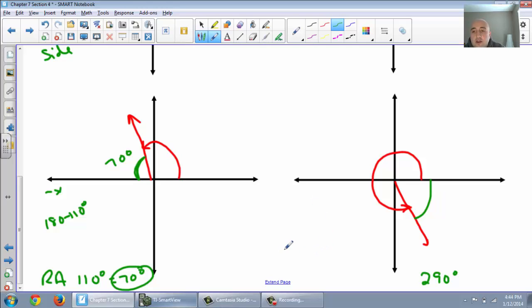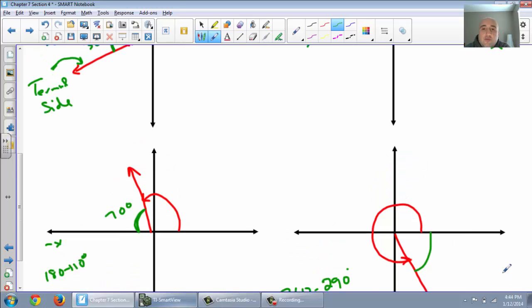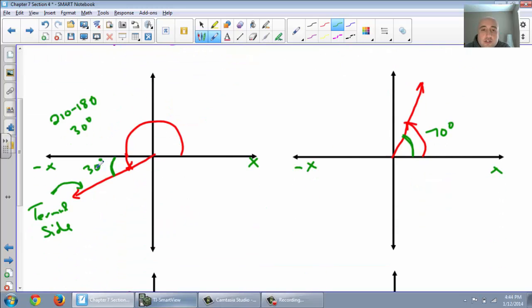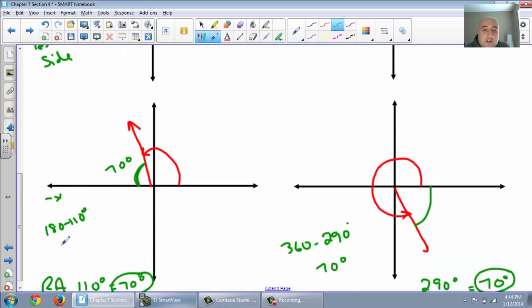So how would I get this one? 360 minus your angle. Okay, so what's 360 minus 290? Hopefully you see also that that is a 70 degree angle. So the reference angle here is 70 degrees. Now notice reference angles are always positive. They're always positive. Okay, so there are my 4 examples of a first, a third, a second, and a fourth quadrant angle.